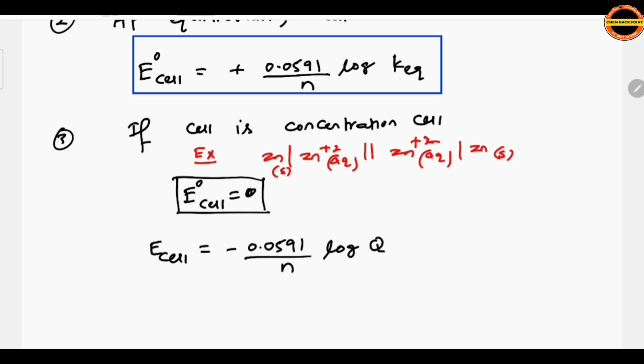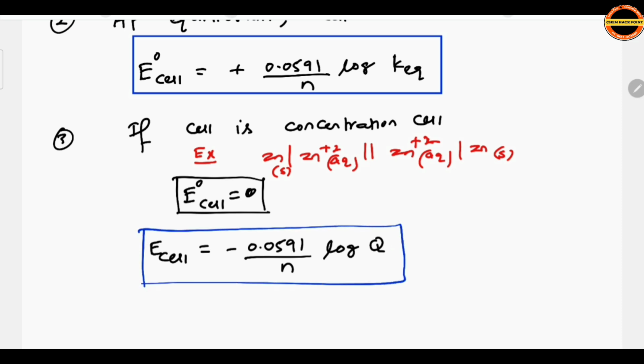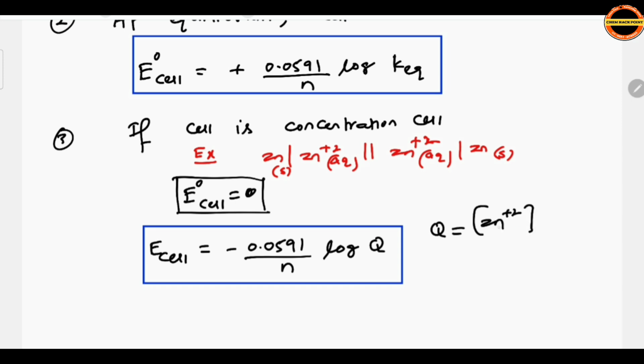See now, for the given concentration cell, you can specify like this. Q is equal to the concentration of anode, because if you write the net equation, zinc plus 2 comes to the right hand side: zinc plus 2 anode by zinc plus 2 cathode. So concentration of anode by concentration of cathode, so we get the expression for Q.